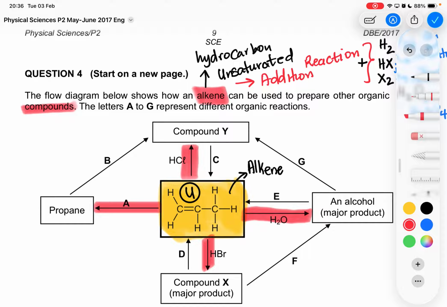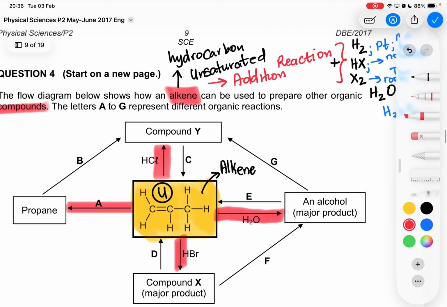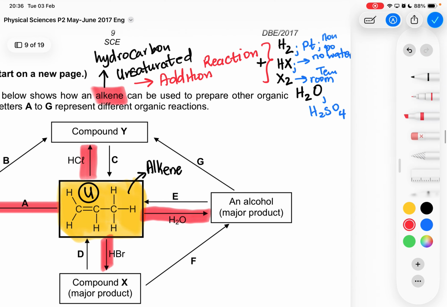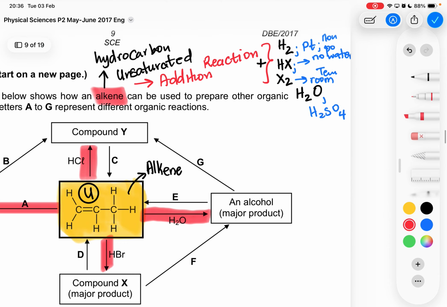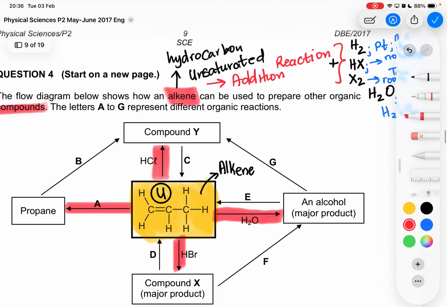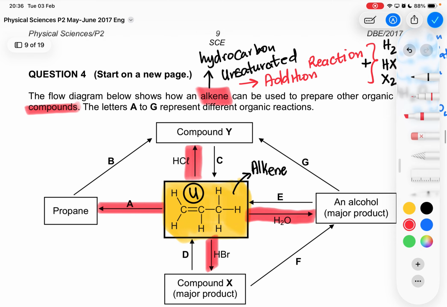So since there are 4, there's a possibility of what I mentioned earlier: H2, HX, X2, H2O. But let's find out if it's really all of them that are mentioned. By the look of things, I see water here.